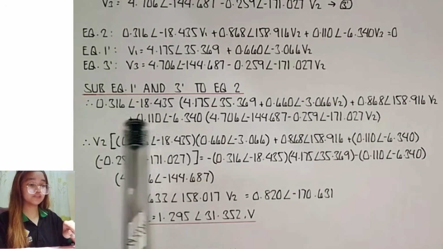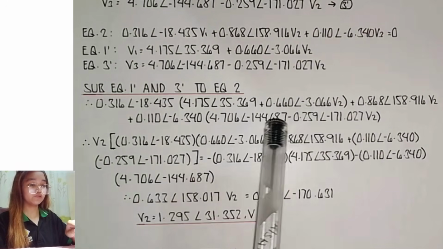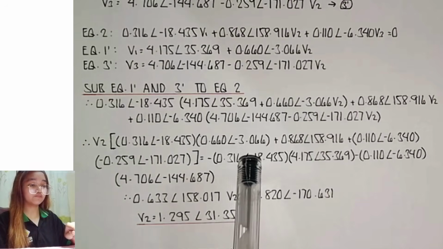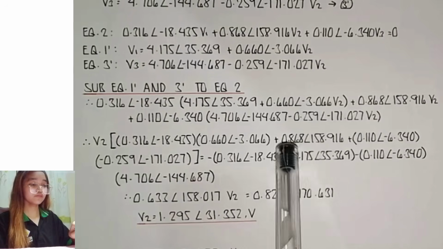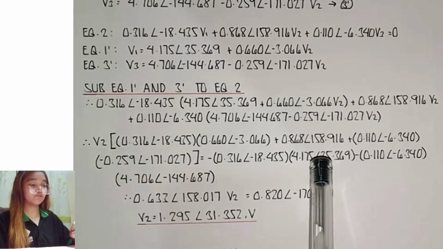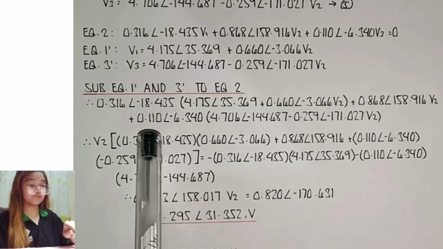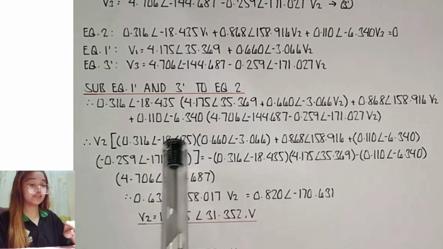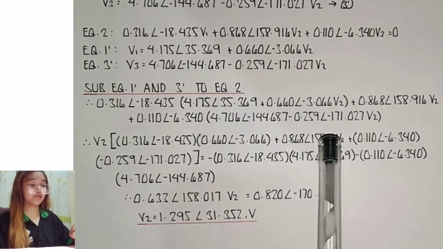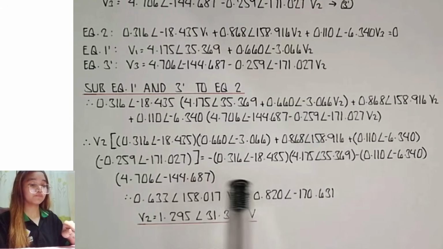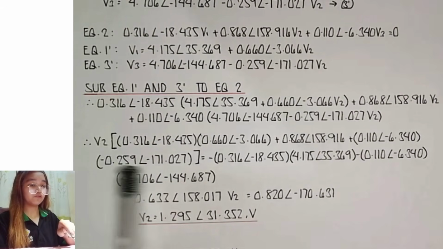So 0.316 angle negative 18.435, we will multiply it to the V2 term, which is 0.660 angle negative 3.066, plus, copy the V2 here, 0.868 angle 158.916, plus, we will multiply again 0.110 angle negative 6.340 to 0.259 angle negative 171.027 V2. So this is the V2 term now.